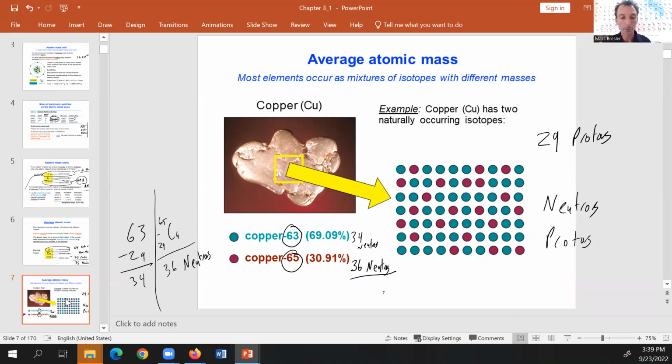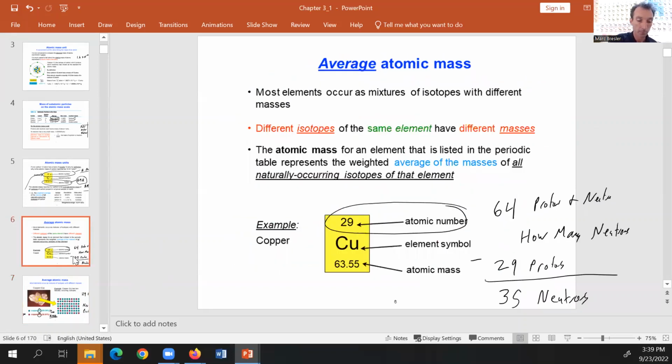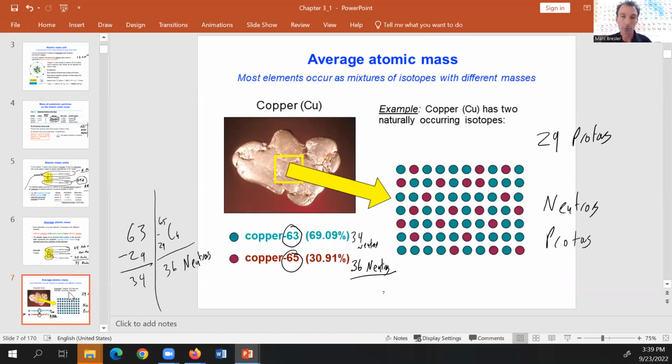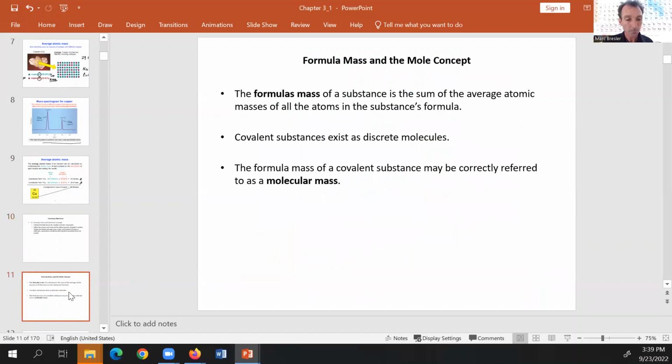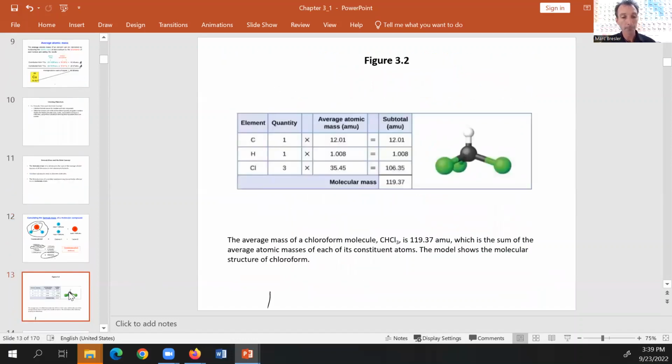So what they do is they take the average of what they find in nature, the abundance, and so that's where you get this 63.55 value. It's an average of the two different isotopes, which have different numbers of neutrons. So when you look at the periodic table, you see the average atomic mass unit.